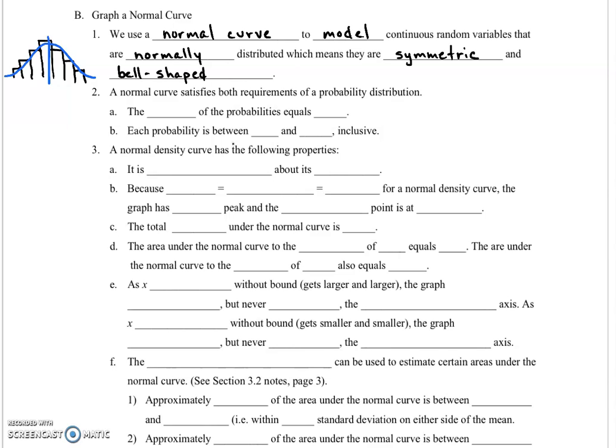So a normal curve satisfies both of the requirements of a probability distribution. Remember, all probability distributions, regardless, have to satisfy those. So the area, and this should really say under the curve, equals 1.